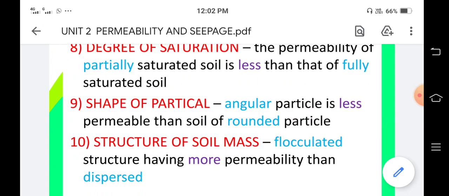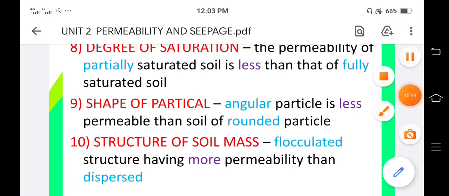In the introduction and index properties in the first unit, we saw there are different kinds of structure. When we see below the microscope, there are four kinds of structure we generally see. The first is called single grain structure, then honeycomb structure, and last, flocculated and dispersed structure. So what is meant by flocculated structure?